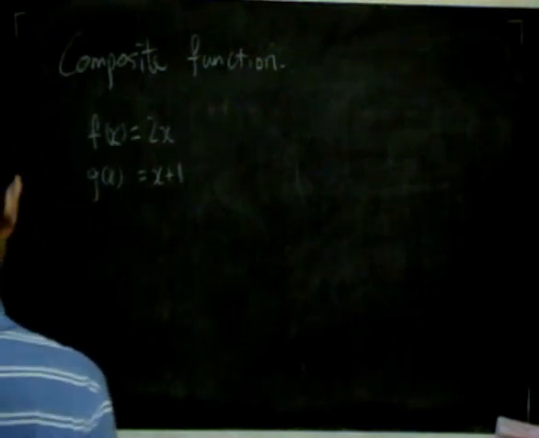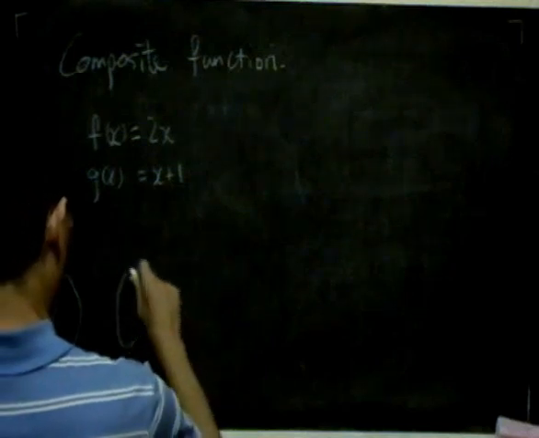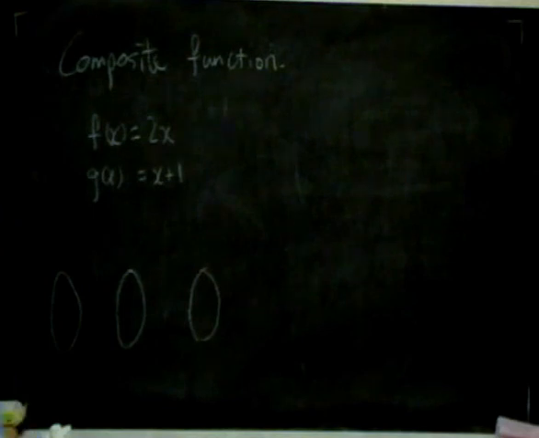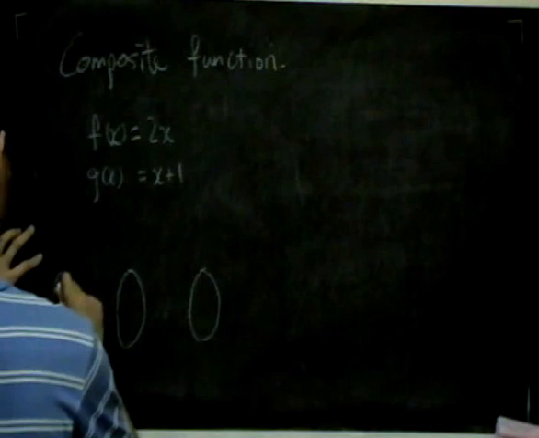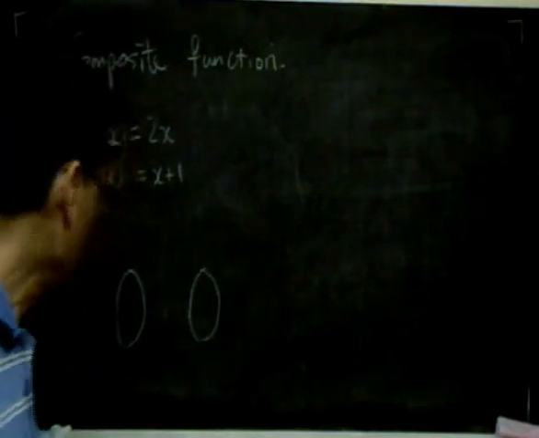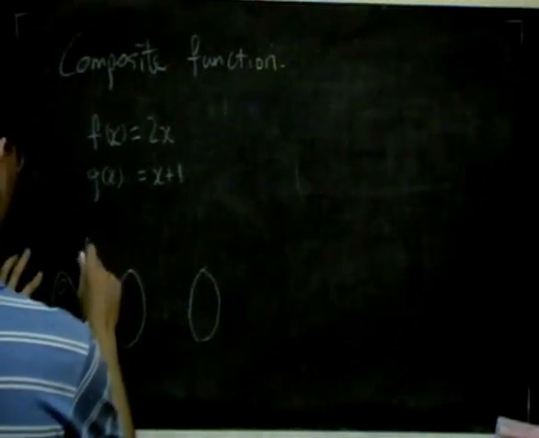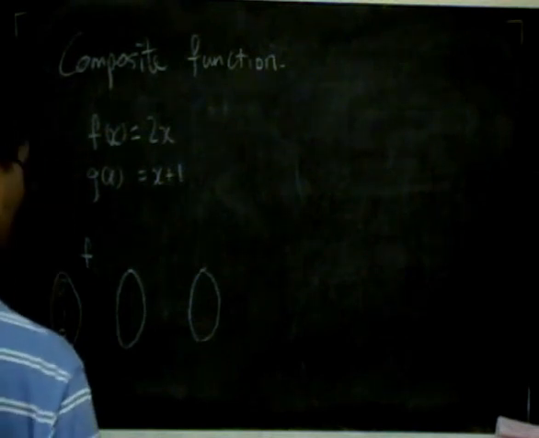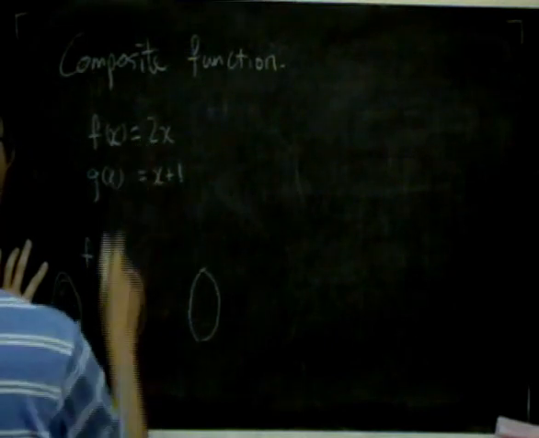So we'll sketch some pictures just to become more familiar with what they do. So suppose I start with the values 0, 1, 2. So my starting domain. Those values, if I apply the mapping called f, each of these will be multiplied by 2.